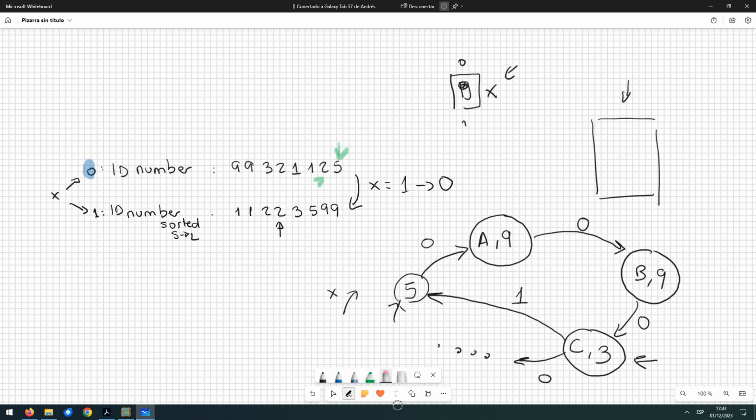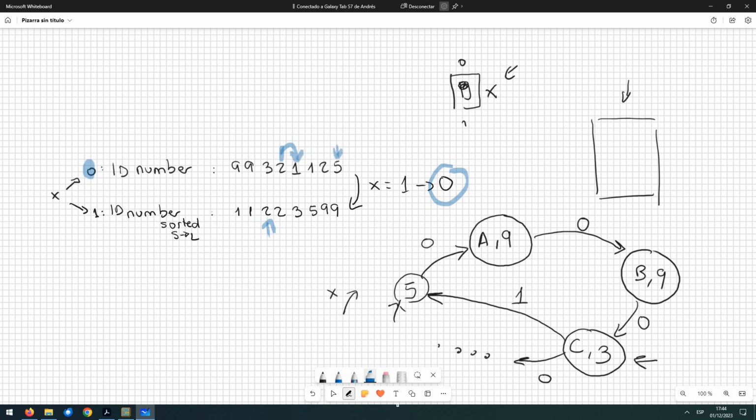If we were in the first 2, when counting the sequence, if we receive a 0 and we have to change the sequence, we have to go to the first 2 of the other sequence. So the next digit is going to be 1, not 5.